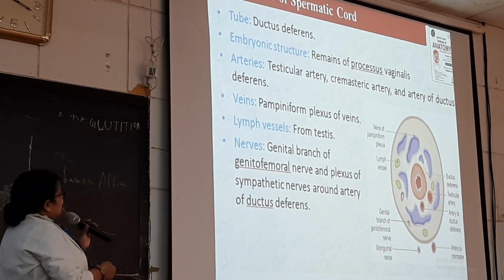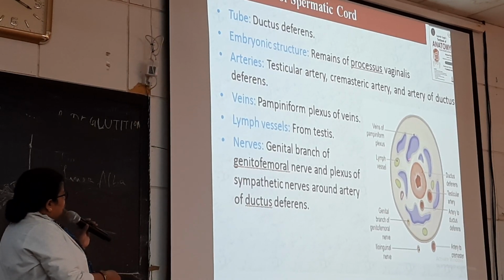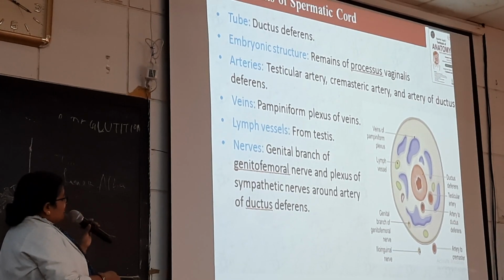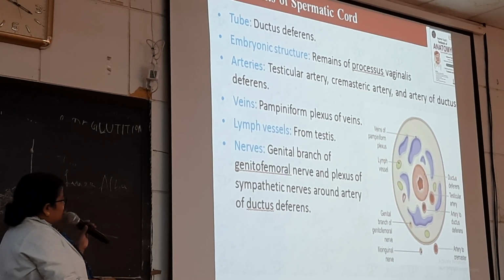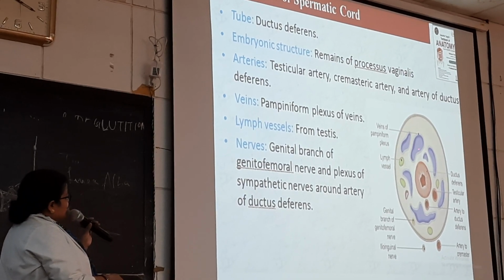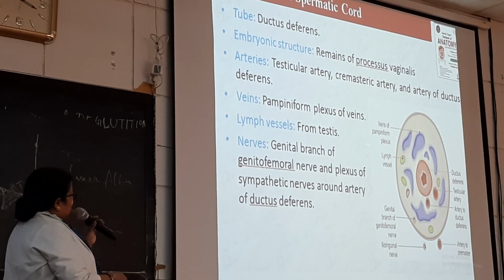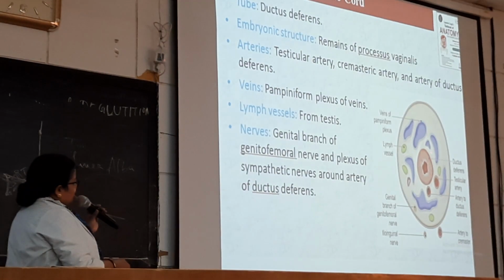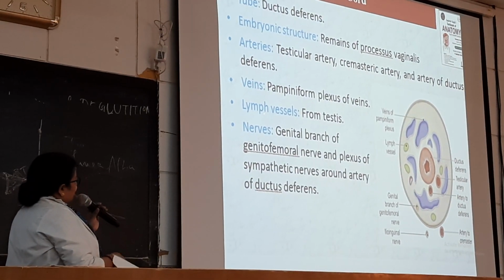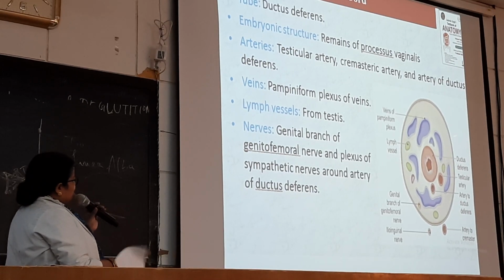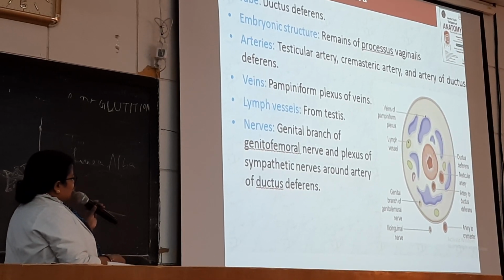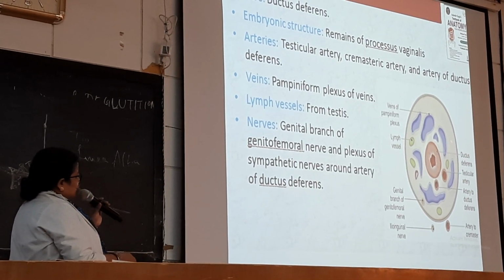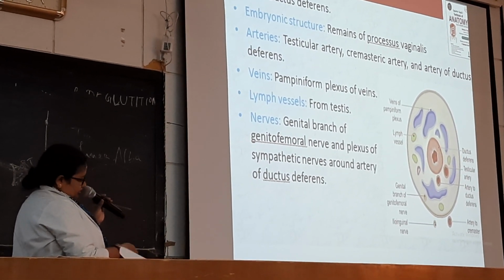Then the remains of the processus vaginalis, the testicular artery, cremasteric artery and artery to the ductus deferens, and these veins are the pampiniform plexus of veins, which are around the testicular arteries. Then the lymphatic vessels from the testes and nerves, that is the genital branch of the genitofemoral nerve. All these are the contents of the spermatic cord.